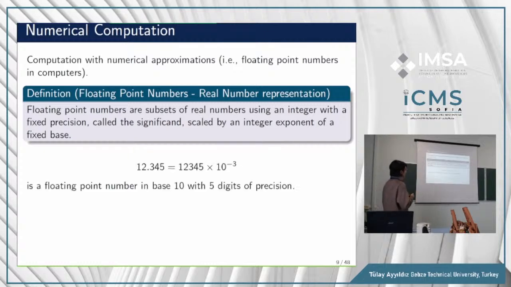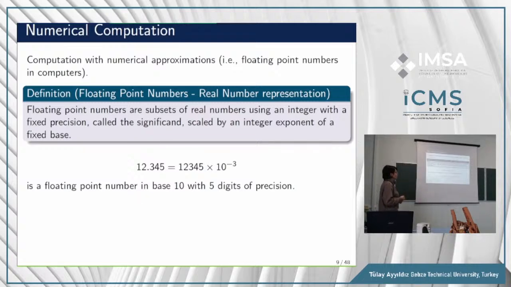This can be a floating point number, and the integer part is called the significand. In the 10 to the minus 3 part, 10 is the base, so this number is base 10, and the minus 3 here is the exponent. We call this a floating point number in base 10 with 5 digits of precision, because there are 5 integers here.